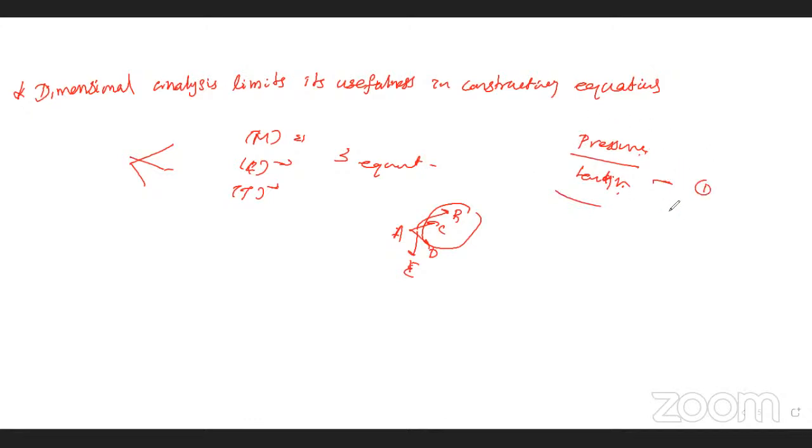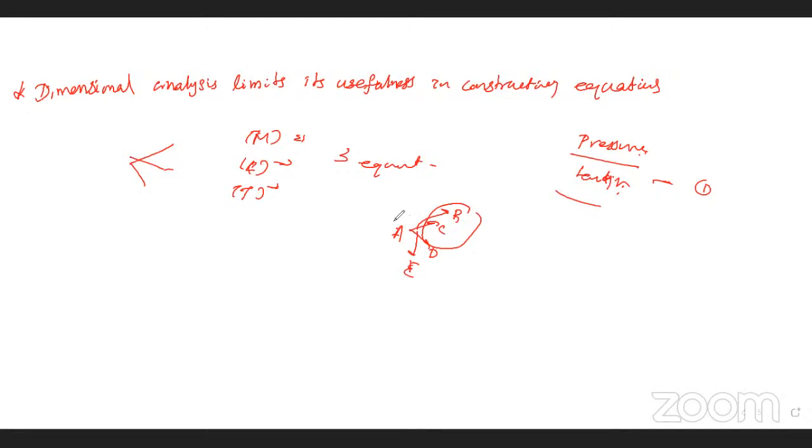We call it a pressure gradient. That way, we can reduce these four quantities into three, and then you can derive the equation as you want. So that's the limitation if there are many quantities which depend on another one.